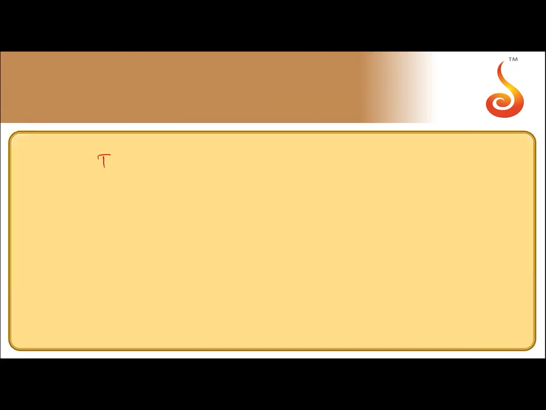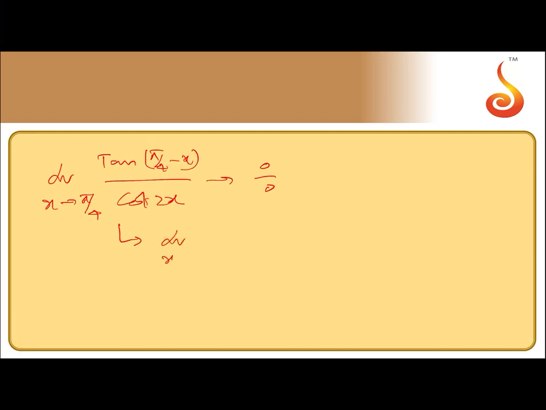So let me check this one. Tan (pi by 4 minus x) divided by cot 2x, and the limit as x extends to pi by 4. As it is in the form of 0 by 0, I can apply the derivative concept.